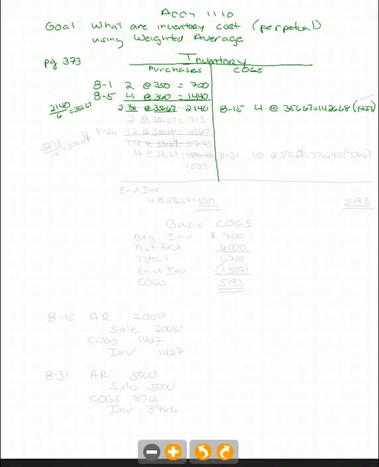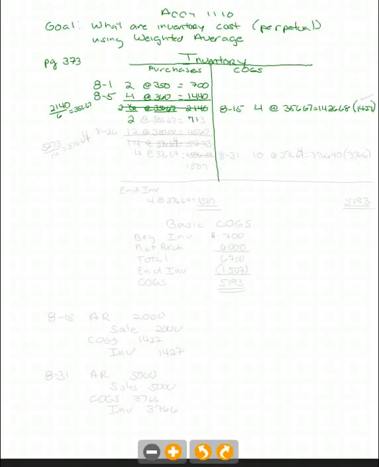Then what happens? On 8/26, you purchase 12 more units at $380 each. 12 times 380 equals $4,560. Anytime you have a purchase, you have to do that averaging thing. So we have 14 units now, and 713 plus 4,560 equals $5,273.